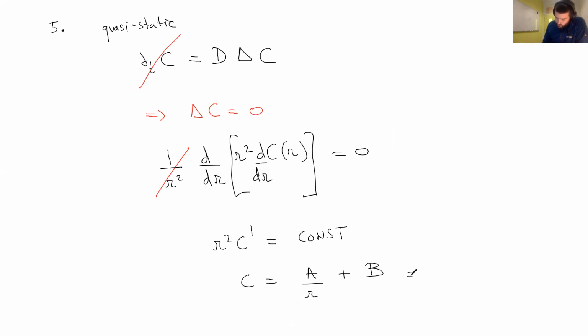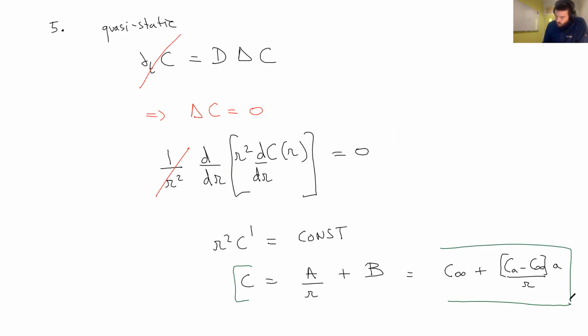So this can be viewed as C infinity plus (C_A minus C infinity) over R, and I need a size A. So that's my C of R. When R goes to infinity, I kill this term and the concentration reaches the infinite concentration. When R reaches A, those vanish. C infinity cancels this infinity, and I reach C_A, which is the other concentration. Okay. So I've simply used the two boundary conditions into this very simple concentration profile.